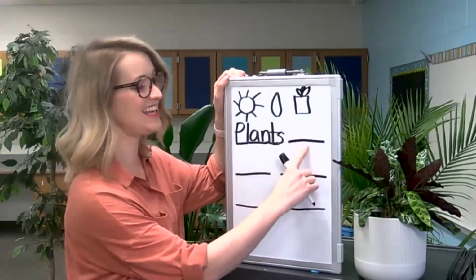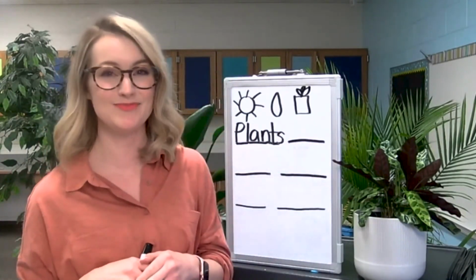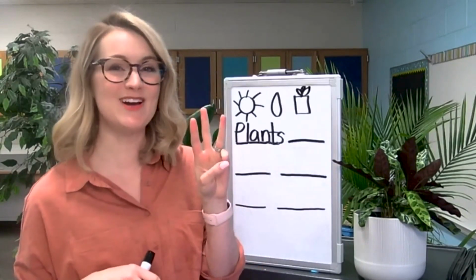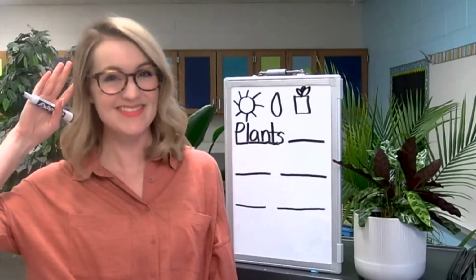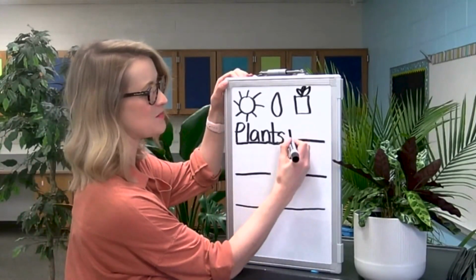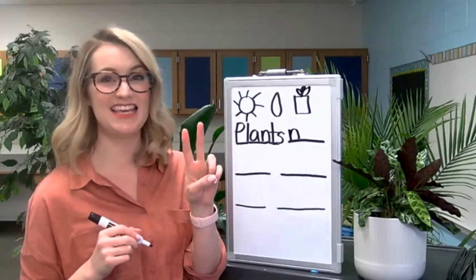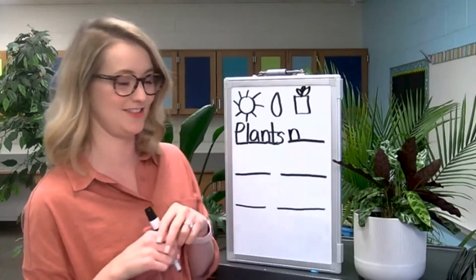Plants need. Let's stretch out the sounds in the word need. N, E, D. What sound do you hear at the beginning of that word? An N, good. Let's start in the middle, go down, back up, and make a hump. N, E. We hear an E. In this word, we need 2 E's.